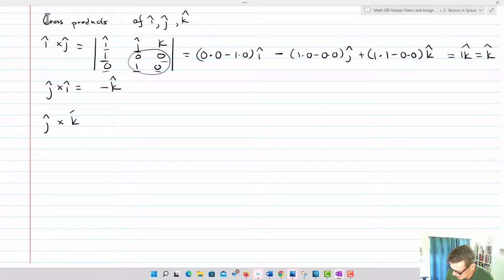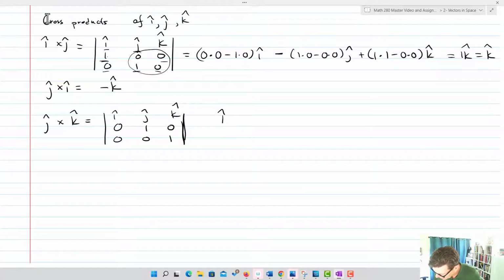j cross k is going to equal, I've got i, j, and k, and now j is 0, 1, 0, and k is 0, 0, 1. So we end up with i times 1 times 1 minus 0 times 0, and you might notice that you're creating kind of a pattern.